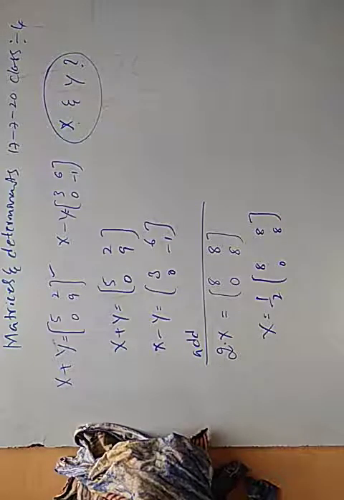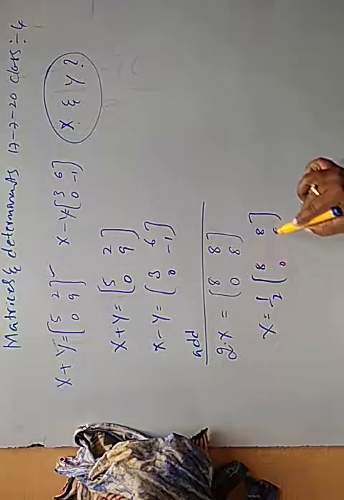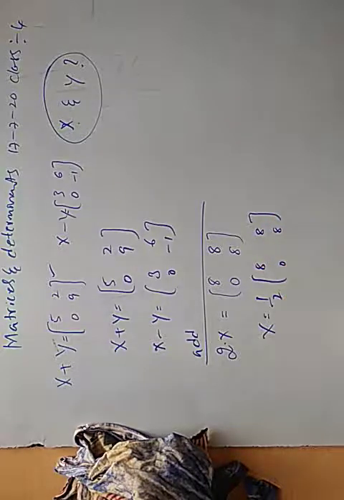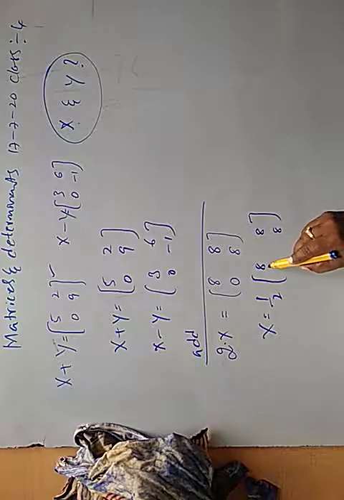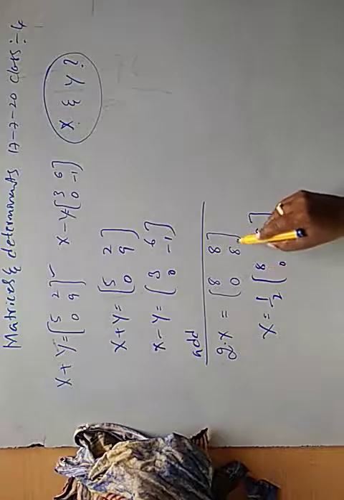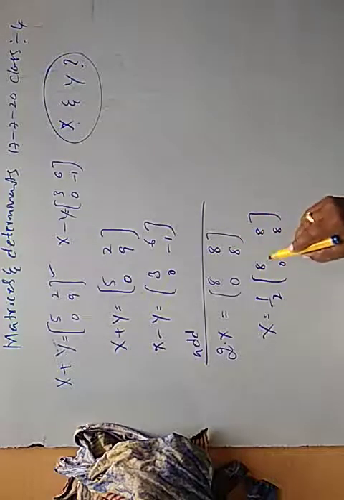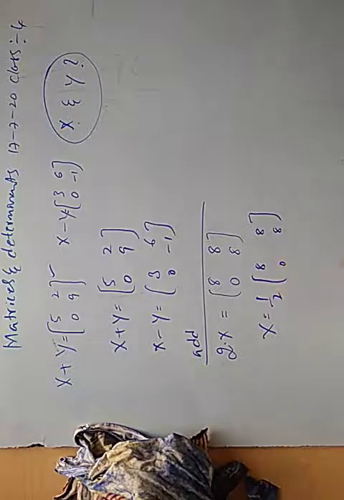Please note this point. If all the numbers are divisible by this 2, then only you divide. Otherwise, leave it here also. Once again, I will repeat. If it is possible to divide all the numbers inside the matrix by this 2, then we can divide. That is 4, 4, 0, 4.